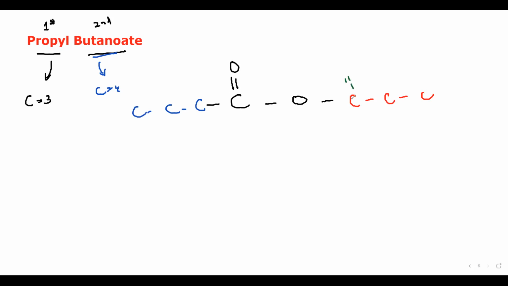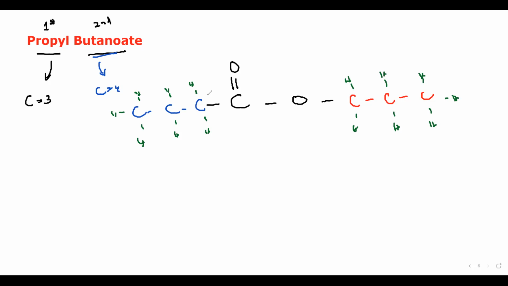So this will have 2 hydrogen, this will have 2 hydrogen, and this will have 3 hydrogen. And in the same way, 2 hydrogen, 2 hydrogen, 3 hydrogen. So this is the structure of propyl butanoate.